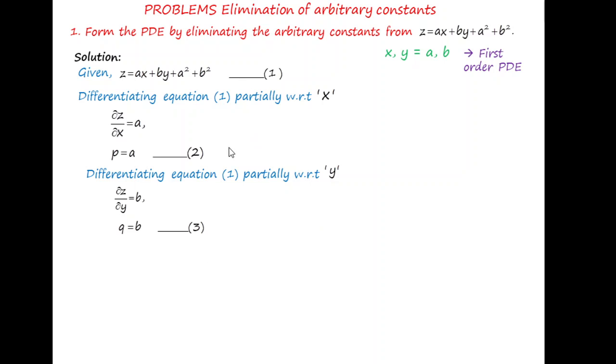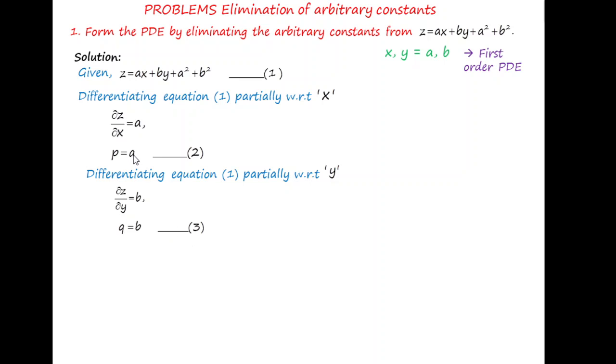Using 1, 2 and 3, we try to eliminate the arbitrary constants. Using 2 and 3 alone is not possible, but the values of a and b are readily available in equations 2 and 3.